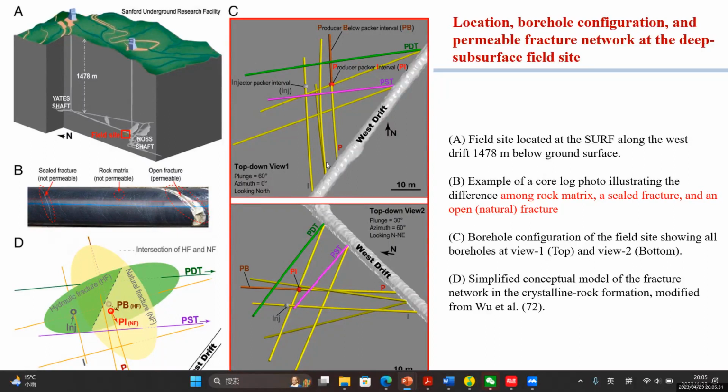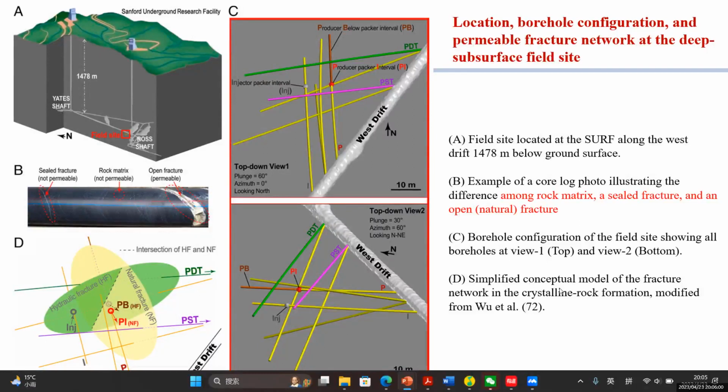Figure 1C shows the configuration of all the 8 boreholes. So we need to pay more attention on this picture, because we will use these shorthands in future.